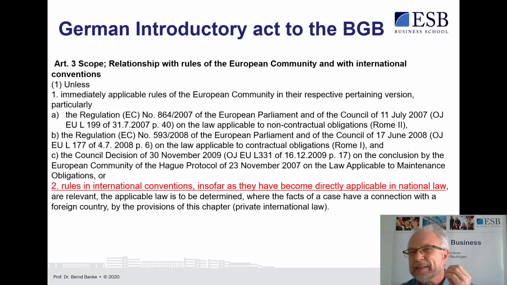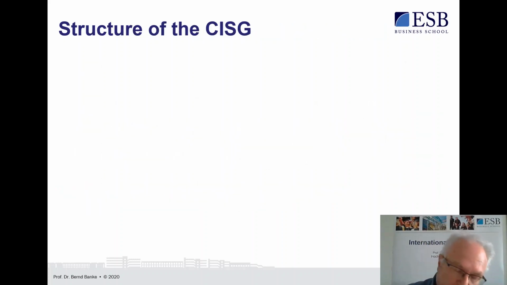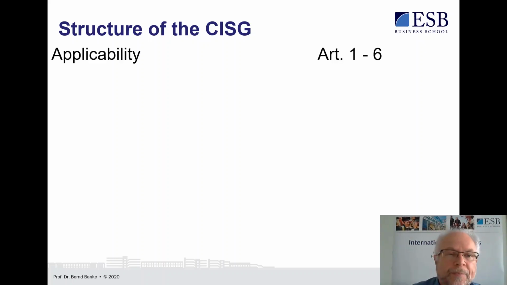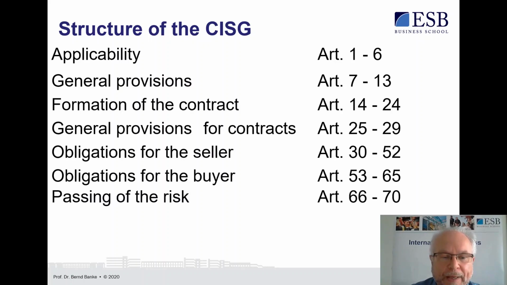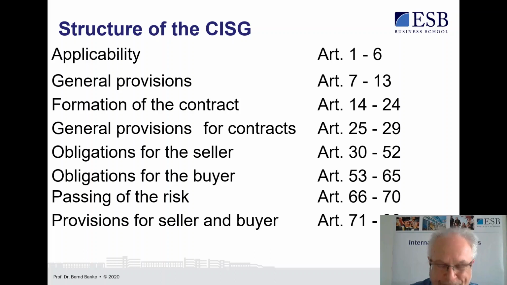So once we have the assumption, or we think there could be an international convention, such as the CISG, we will have to look that up and see, is it applicable in our case? And the interesting thing about what lawyers would call a modern law source, well, the CISG is more than 50 years old, but for us, it's a kind of modern law source, is that at the beginning of all of these international conventions, we have a part which talks about the applicability.